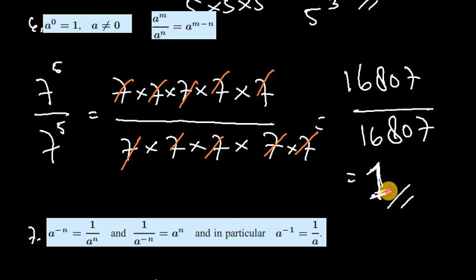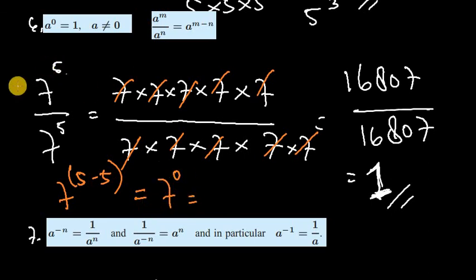But how can this prove that a to the power of 0 is equal to 1? Well, if you take a look at this, go back to rule number 2: a to the power of m over a to the power of n equals a to the power of m minus n. We can bring this into 7 to the power of 5 minus 5, which equals 7 to the power of 0.